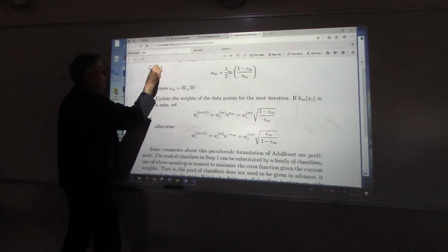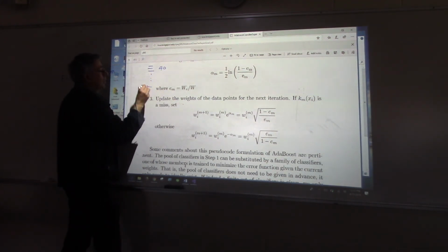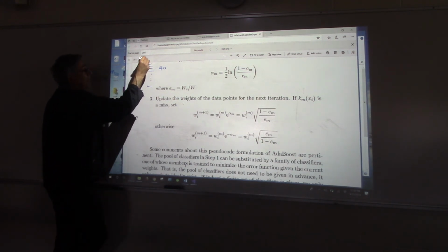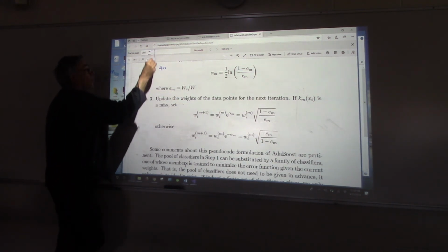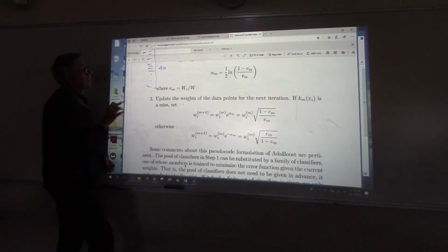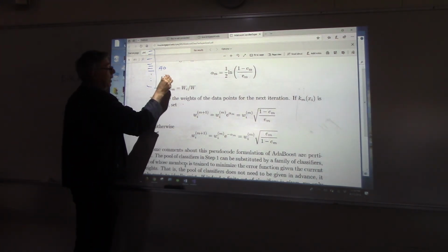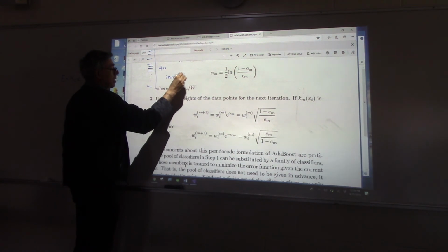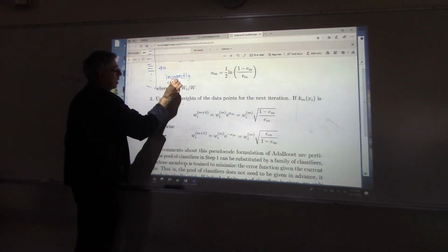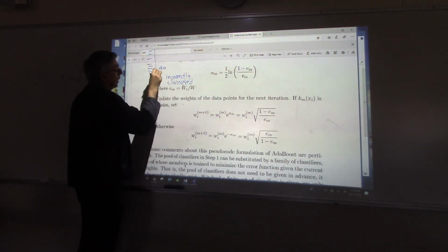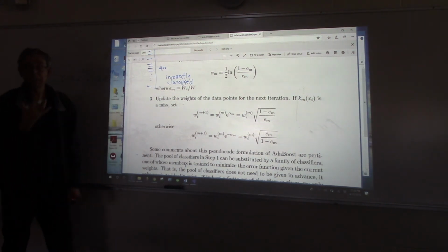We had 40, not the first 40, but anywhere in our data set, which were incorrectly classified by K2, correct? So do we want to increase their weight? Yes.